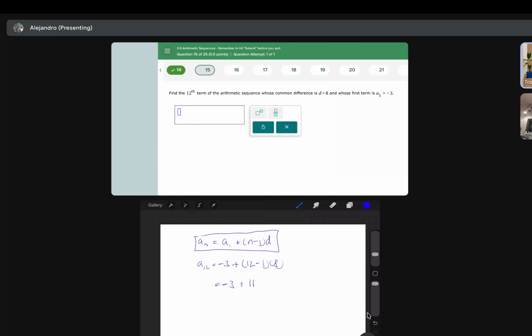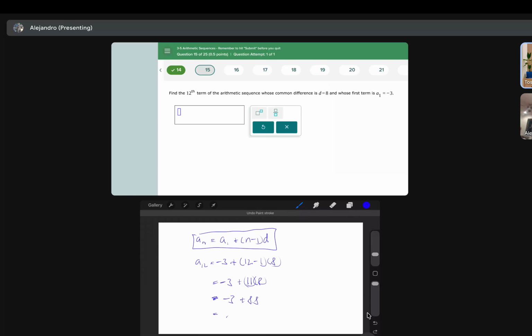So that's going to be 11 times 8. I'll parenthesize that too to be consistent. Negative 3 plus 88, so that would be 85. So it's going up from negative 3 all the way to 85, the 12th term.